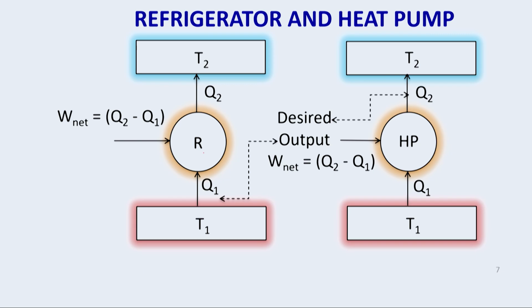Now, this is the refrigerator, and this is a heat pump. In the case of a refrigerator, the COP, the coefficient of performance, is the ratio of the desired output to the power required to drive the compressor in the actual cycle.